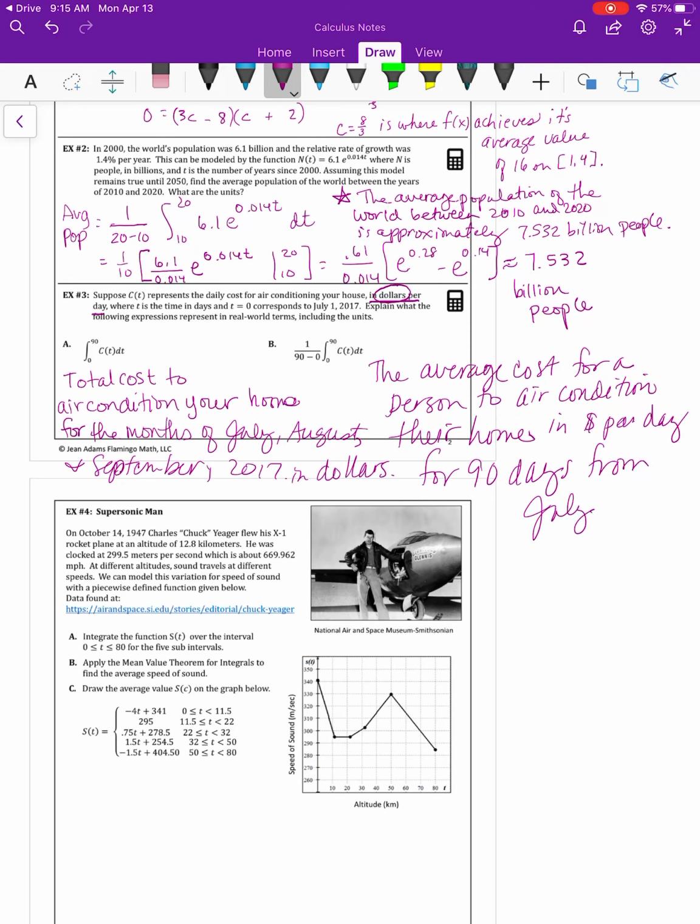So negative 1.5 divided by 2 times 80 squared plus 404.50 times 80, minus negative 1.5 divided by 2 times 50 squared, sorry, I accidentally put 30.